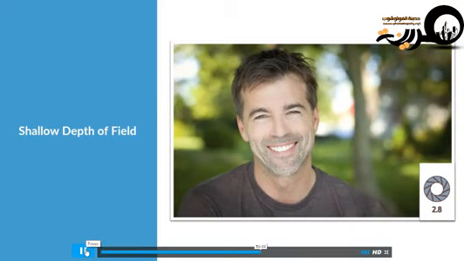And this style of photography is the most common use of shallow depth of field. This particular image was shot with a wide aperture of f2.8. Remember, the smaller the number, the smaller the f-stop, the larger the hole, meaning the shallower the depth of field.